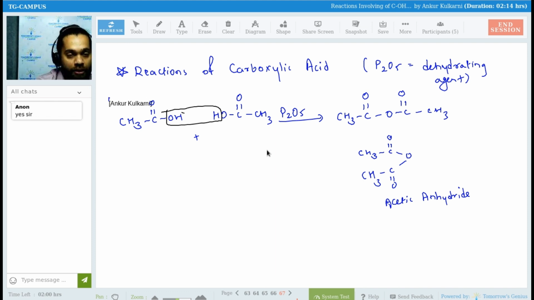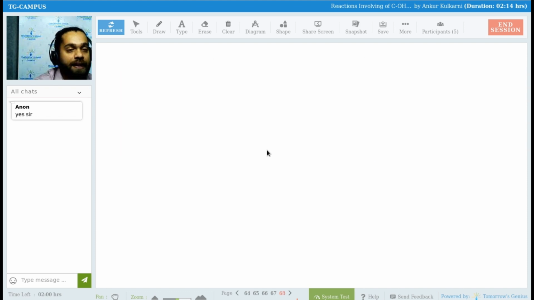Now, this was your dehydrating agent, so this is dehydration, or we can say this is the formation of anhydride. Next, the reaction of carboxylic acid is esterification.